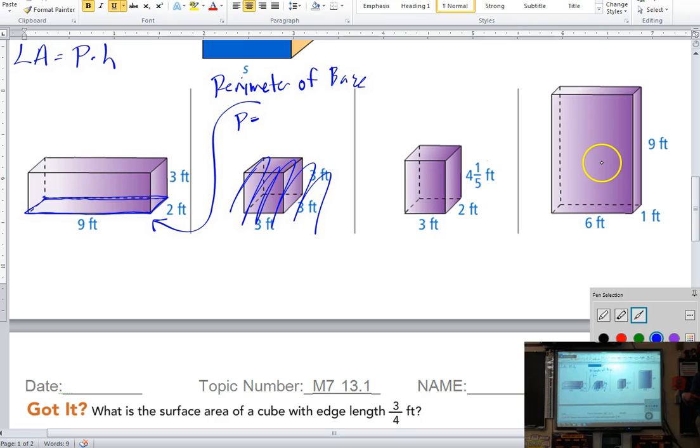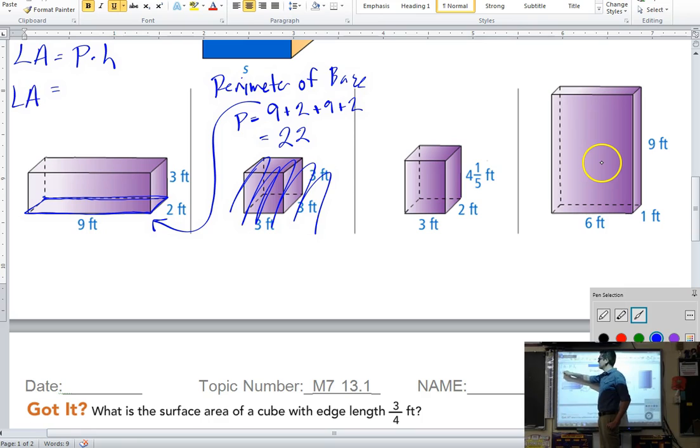So, Brandon, my distance around this rectangle, what are the lengths of this rectangle? 9 and 2. So I can either do 9 plus 2 plus 9 plus 2, or I can double the 9 and double the 2. Either way, that perimeter comes out to be 22. So up here in my lateral area formula, I'm going to use that 22.